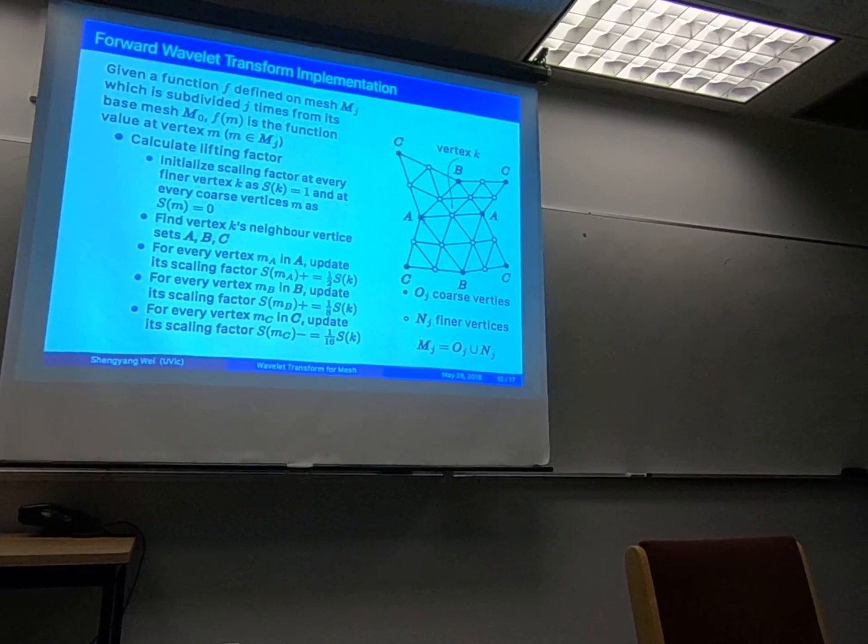For every A-type coarse neighbor, we update its scaling factor by this equation. For B-type coarse neighbors, update the scaling factor by this equation. And for every C-type neighbor, update their scaling factor by this equation.